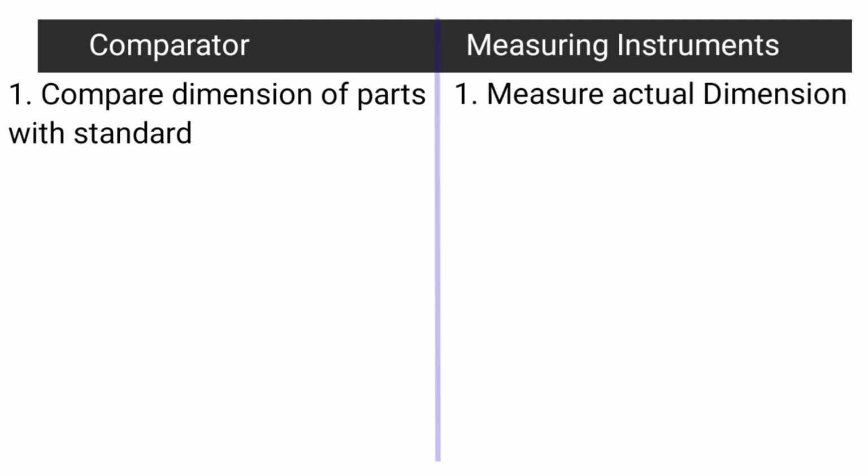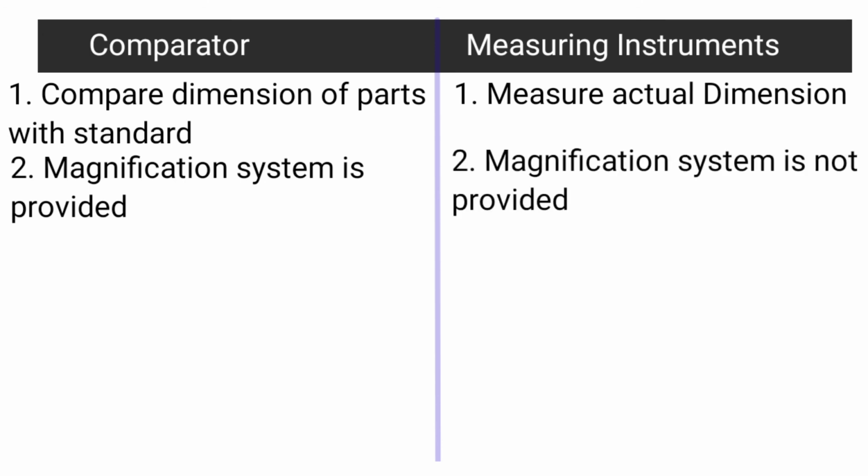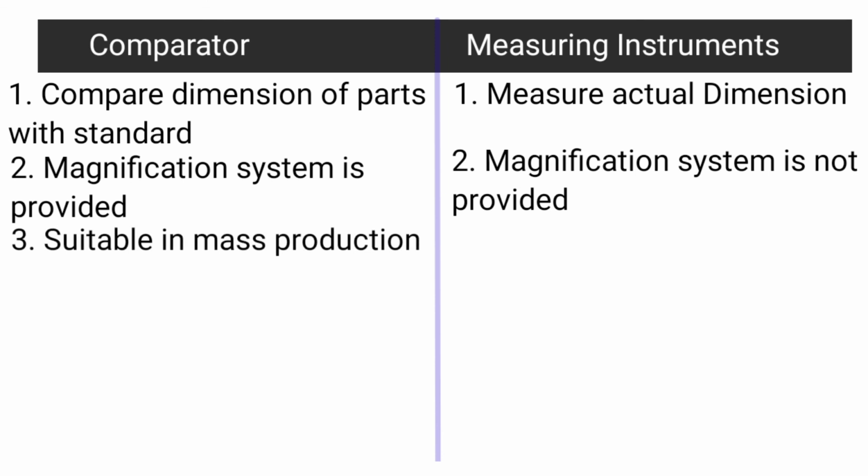In a comparator, the readings are magnified by a suitable arrangement, whereas in measuring instruments, no magnification system is provided. Measurements can be done rapidly and accurately, so a comparator is suitable in mass production.